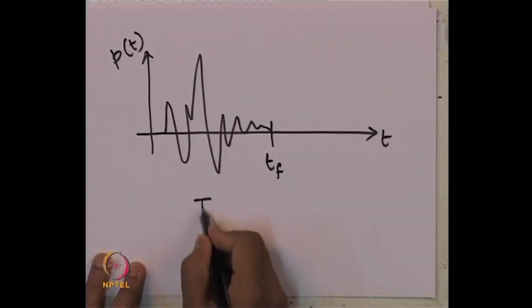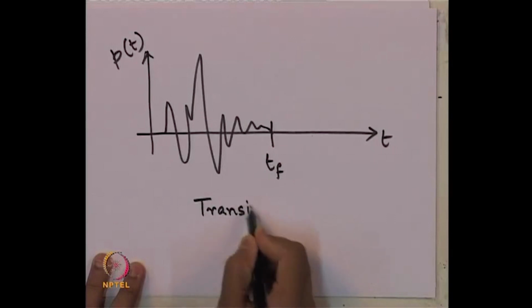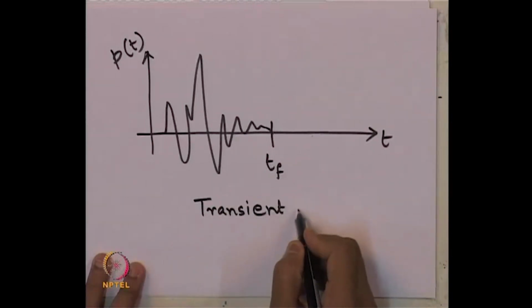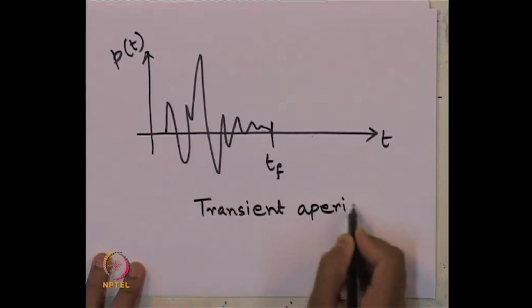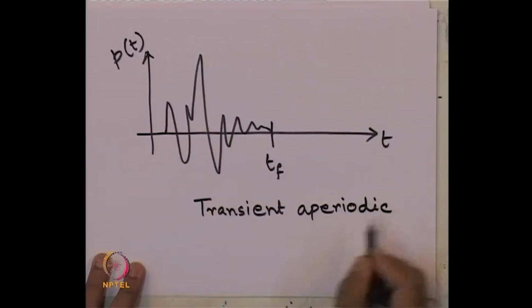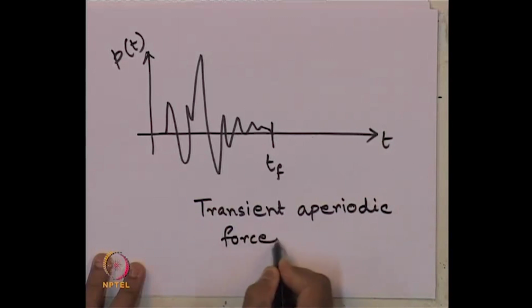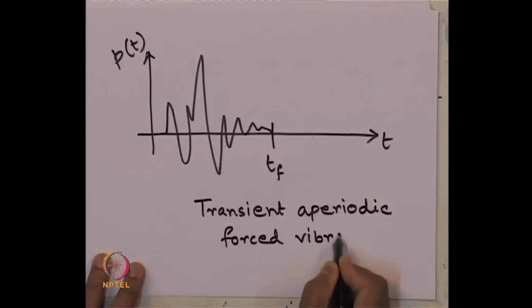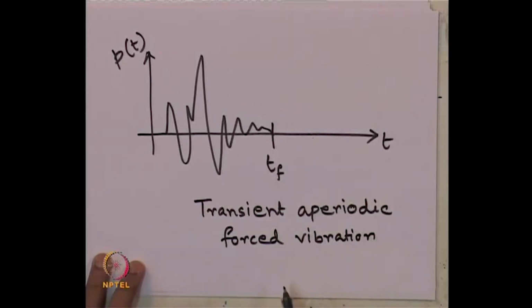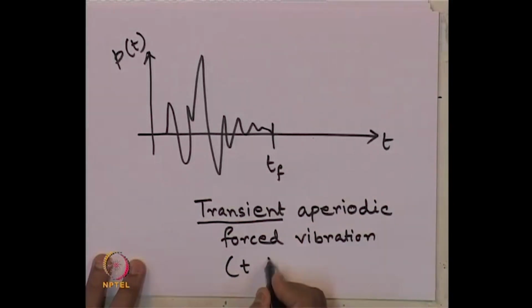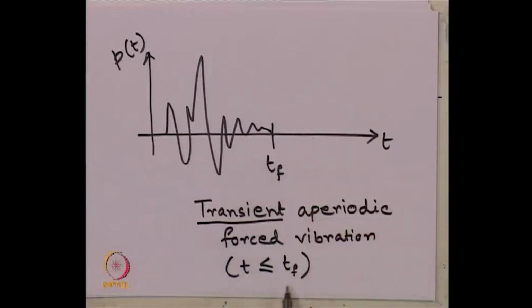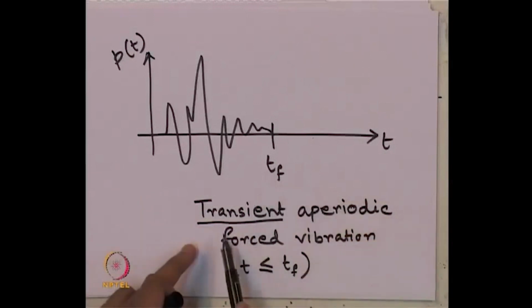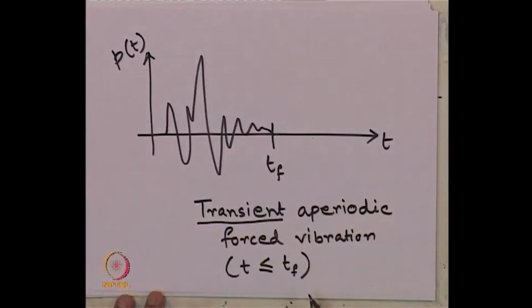In that case, we call it transient aperiodic forced vibration. Because why transient? This time t should be less than or equal to a finite time. This time should be a finite value, then we call this type of aperiodic forced vibration a transient type aperiodic forced vibration.